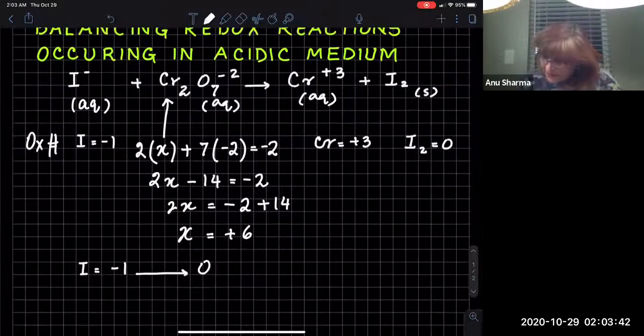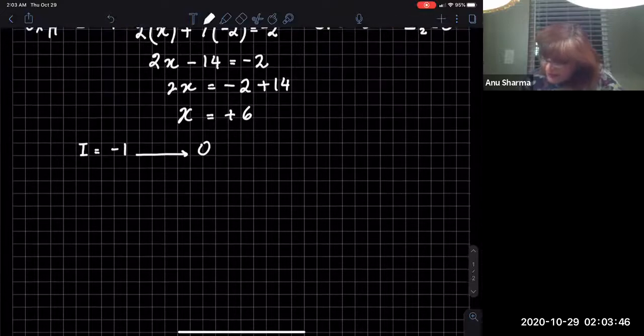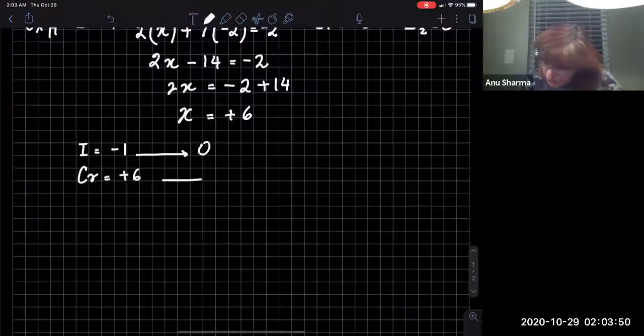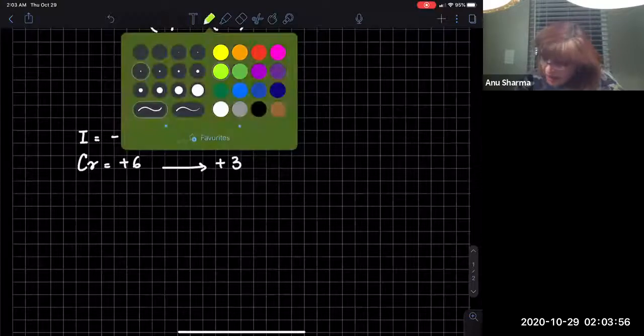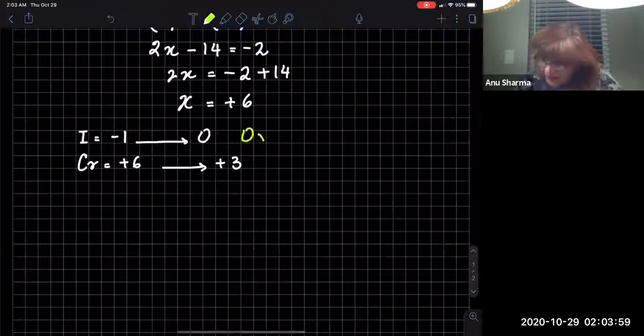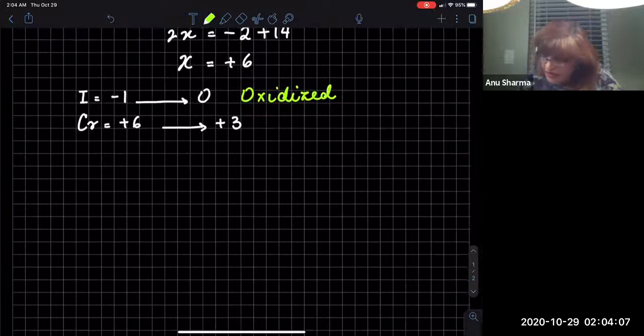Next, we leave oxygen, but we're going to look at chromium. Chromium has clearly gone from +6 state to a +3 state. So here we have iodine that is getting oxidized, going from -1 to a 0 state, and chromium is getting reduced.